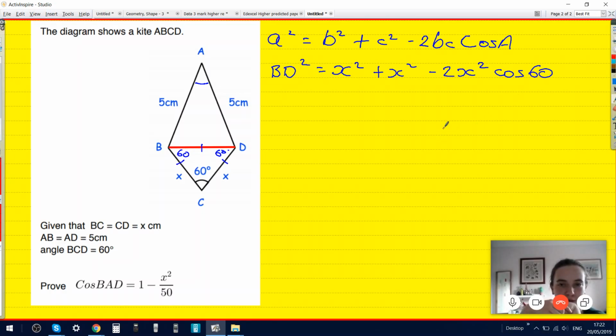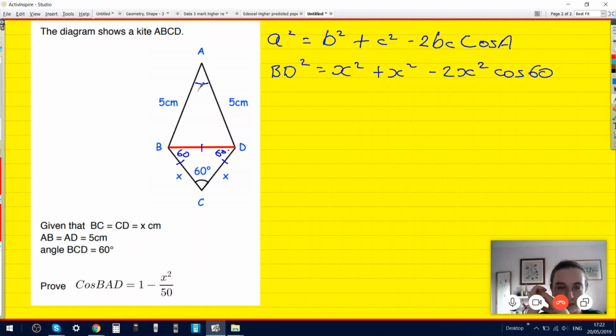And do you know what cos 60 is? No. Let's see if we can get away with not knowing it. Okay. So that's BD squared.